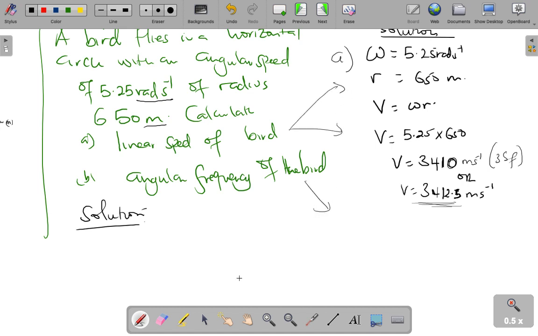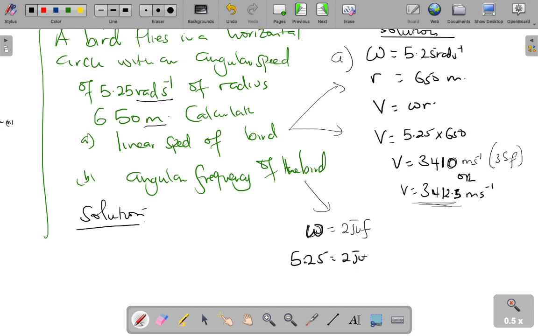Now for part B, angular frequency. From omega equals 2 pi f, we bring out the version of omega that has an f in it. So omega is 2 pi f. Now that we know what omega is, they gave it to us as 5.25, and 2 pi f. Remember, this pi is not in radians, just the normal pi.